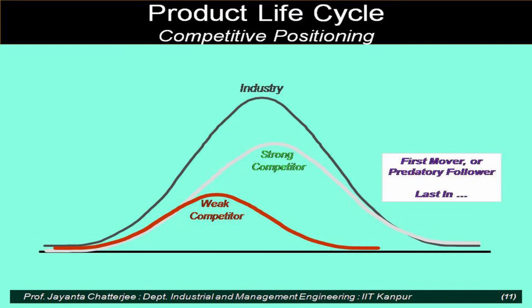So whether you want to be a first mover or you want to be a predatory follower. That means you want to enter a market at a little late stage and take the advantage of the market creation expenses of the pioneer, and then come up with a better product which is more efficient, which is more quality and reliability oriented, then that predatory follower strategy will have a different kind of sales process.